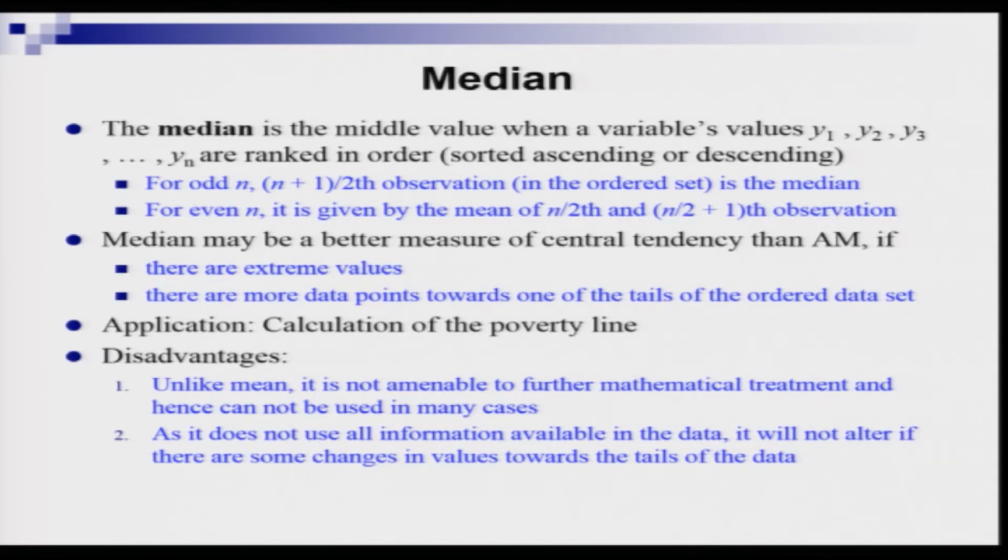But median, as it does not use all information available in the data, will not alter if there are some changes in values towards the tail of the data. And also arithmetic mean is pretty much amenable to further mathematical treatment, but median is not. Hence, median is not very useful in many higher level statistical analyses like hypothesis testing.